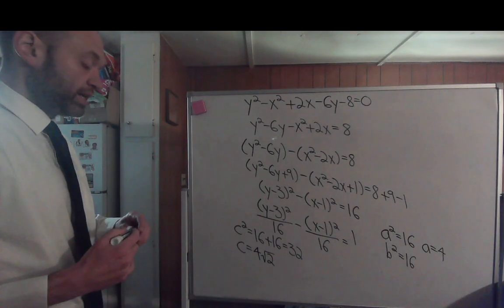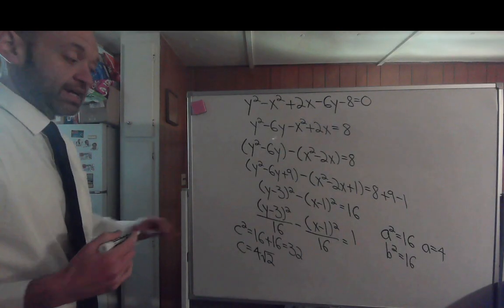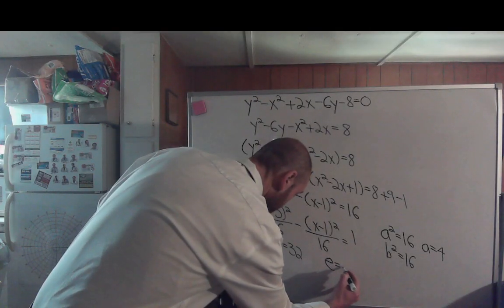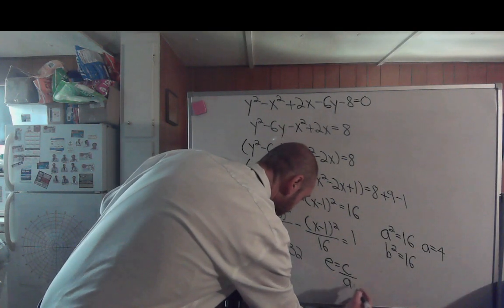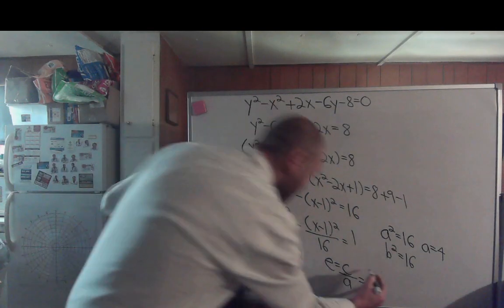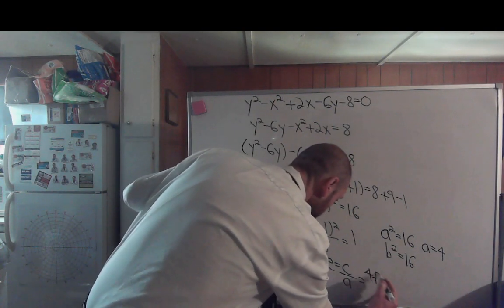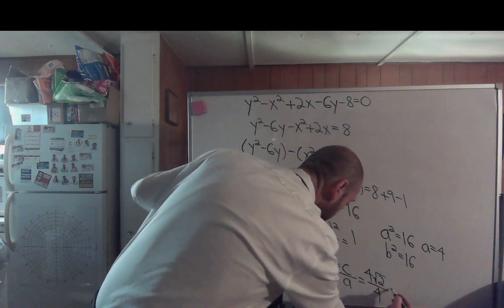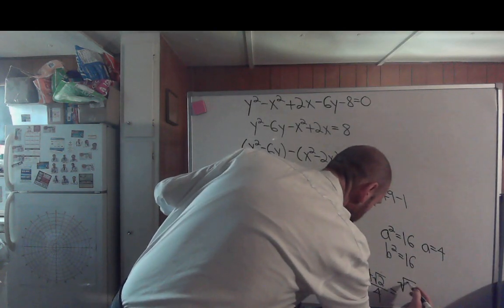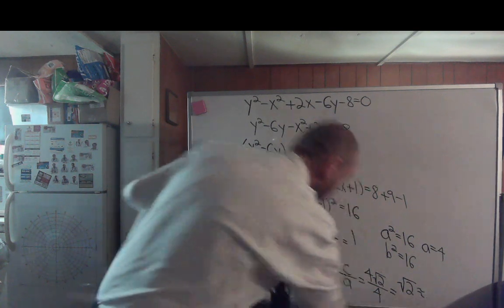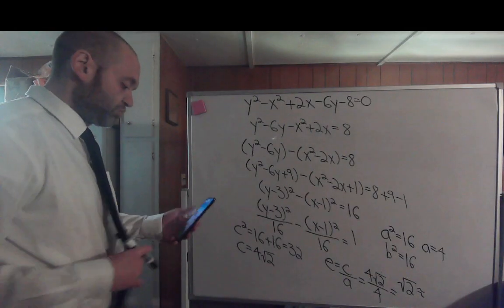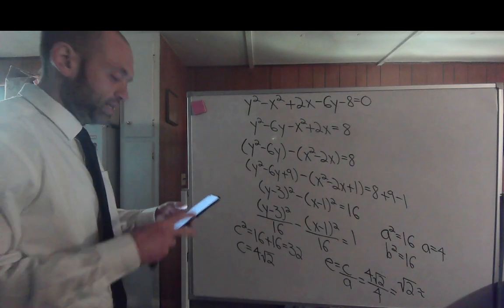And now we can go ahead and find the eccentricity. Eccentricity equals, of course, c over a. Well, c has a value of 4 times the square root of 2 over your a, which just has a value of 4. And we know that's going to simplify into the square root of 2, which is greater than 1. But let's get a decimal approximation of 2 decimal places.